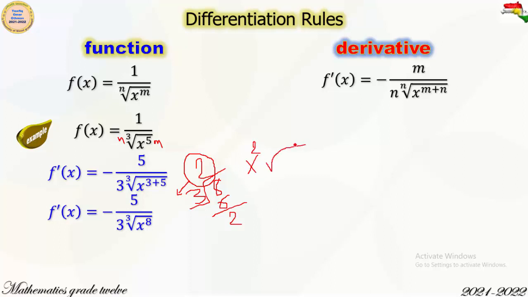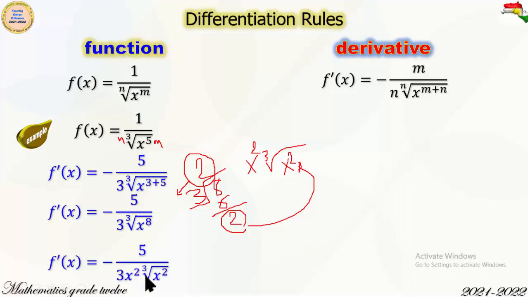Then write the cube root, and now the remaining 2 is the power of x under the root, which becomes x square cube root of x square.